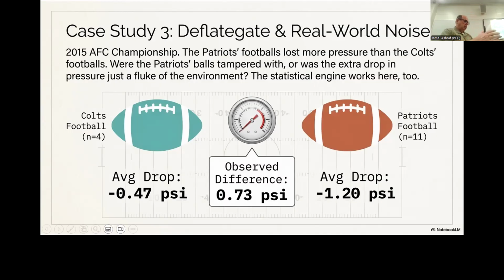So they had the balls, and then during the game, the pressure dropped. For one team it was 0.47, the other one was 1.2. The difference was 0.73. Now, we want to know if this was just by chance or this cannot be by chance. So how do we do that?